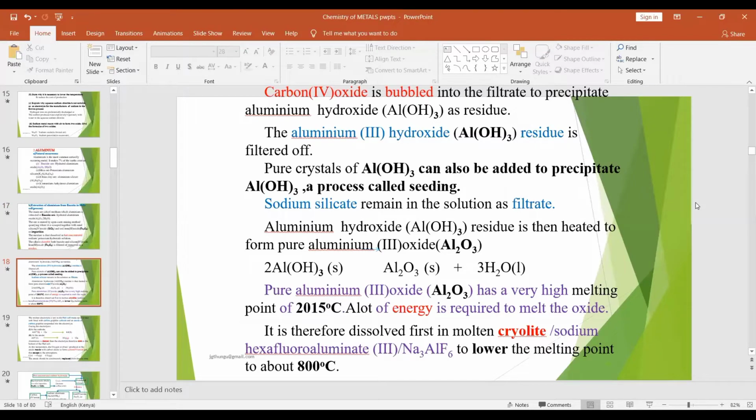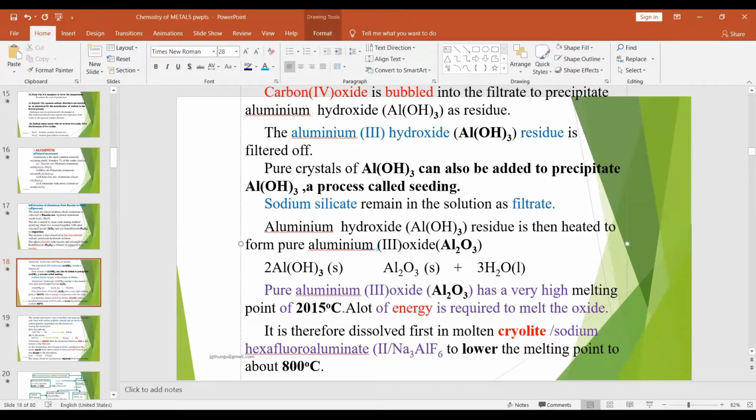Cryolite, which is the industry name, the chemical name is sodium hexafluoroaluminate. Sodium hexafluoroaluminate.